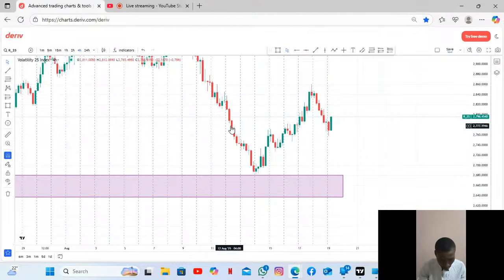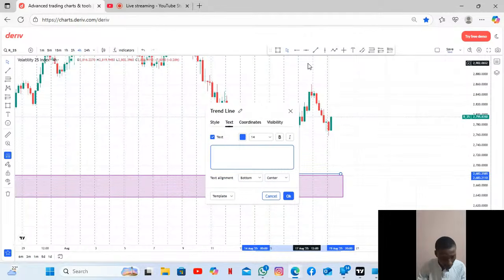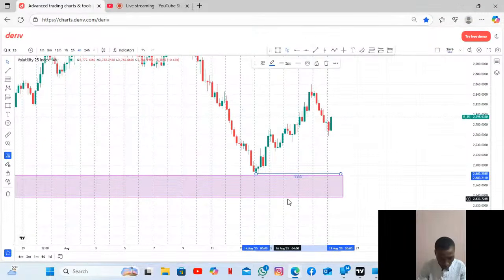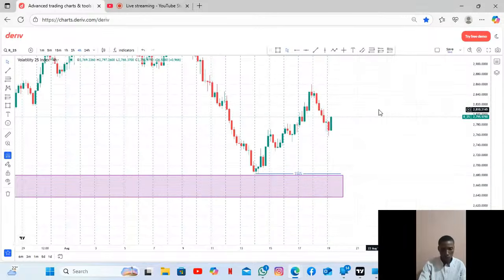For Volatility 25, it means you are waiting for a sweep of liquidity. We are waiting for a sweep of liquidity. Once price comes and sweeps that liquidity.